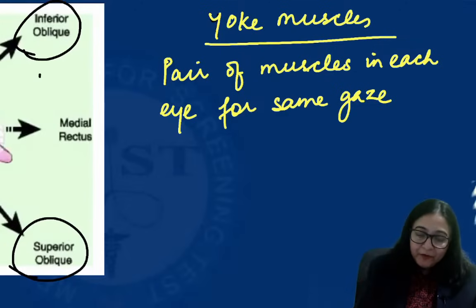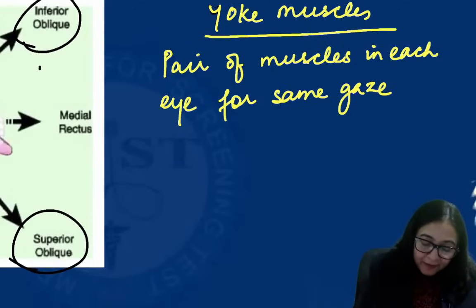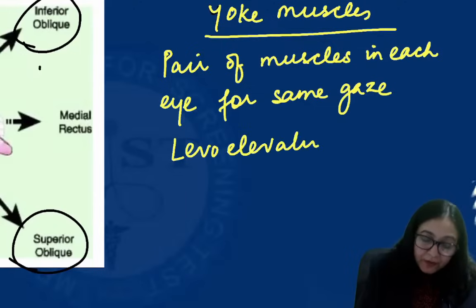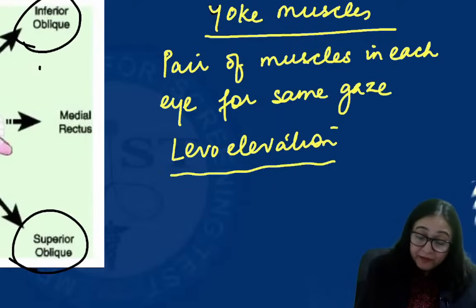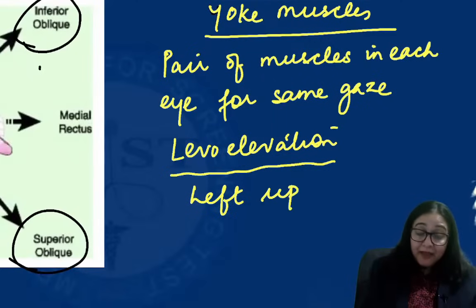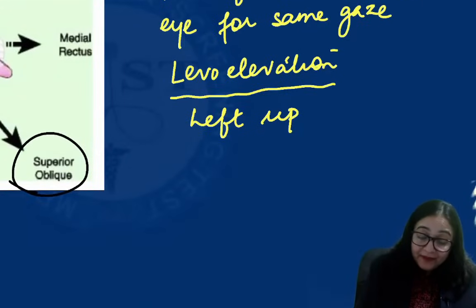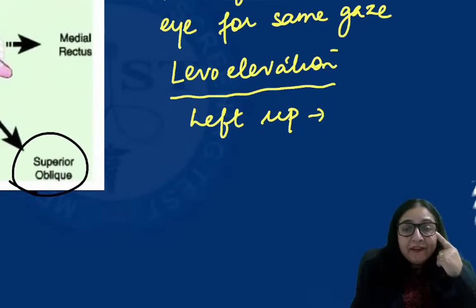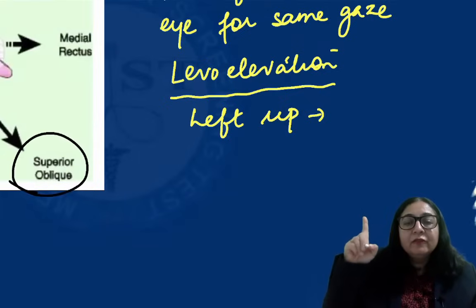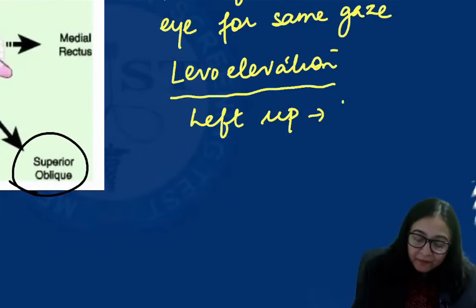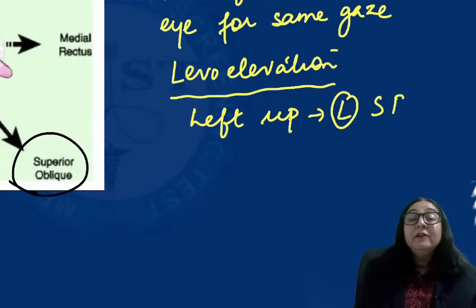Fine. So I'll give you an example here. For example, levoelevation. Levoelevation means you want to move the eye left and up. So both eyes should go left and up. So when that is there, left eye will be using the superior rectus. So same side rectus will be used.